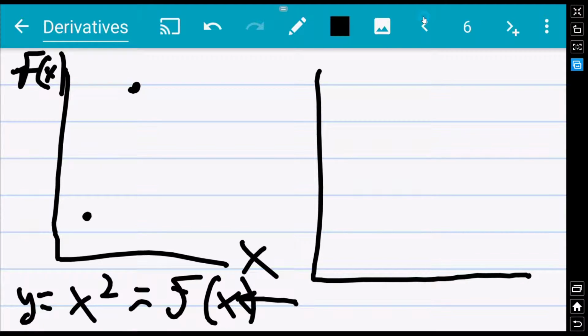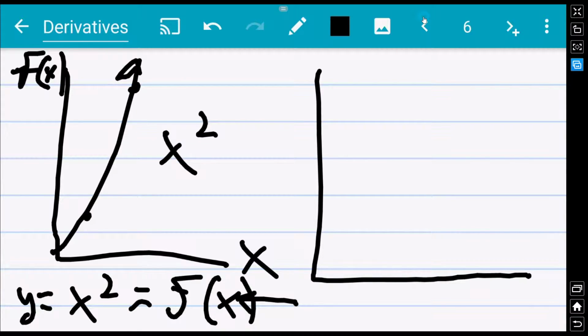Now, it's always easier to do f of x and y, because those are the most commonly used variables, but you might want to get used to using others, since there's different notation. So a parabola looks like this. Now, it's curved, right? So this is x squared.